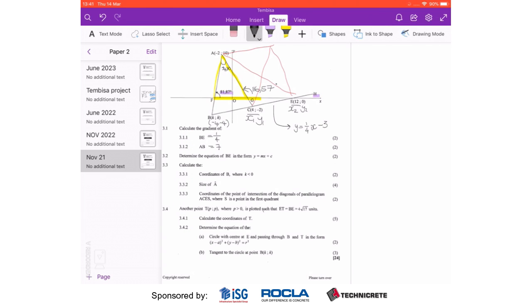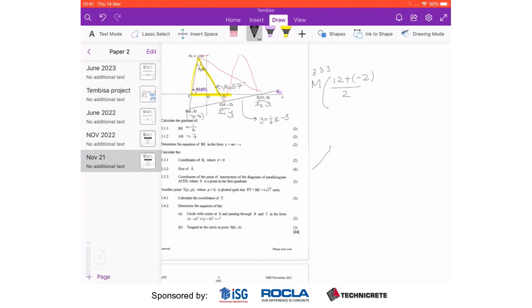So let's see what that is. So we're finding the midpoint of A and E. So how do we find that? We're going to add, so 12 plus minus 2 over 2, that's for my x value midpoint, and my y value is going to be 10 plus 0 over 2, and so it's going to give me 10 over 2 and 10 over 2, so the midpoint is going to be 5, 5.